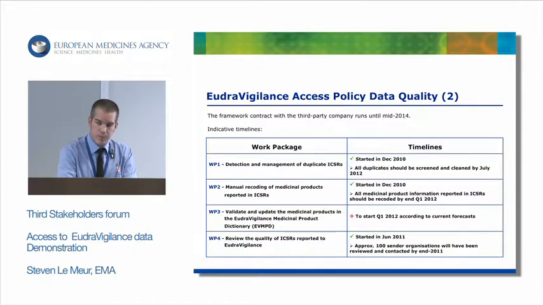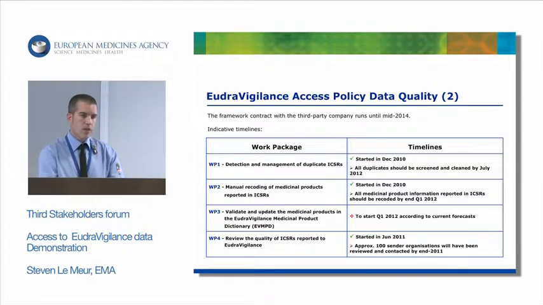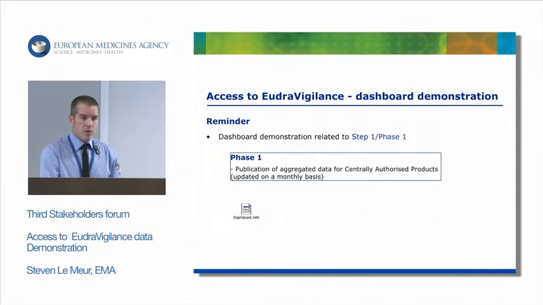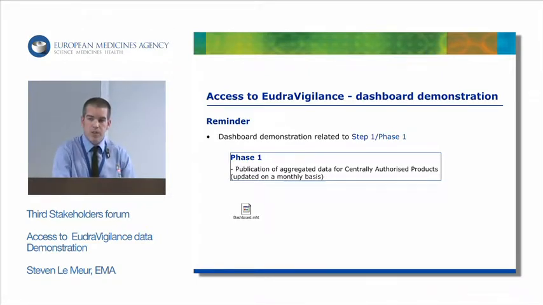This has just started back in June this year, and by the end of the year, about 100 sponsor organizations will be reviewed and contacted with regard to the data quality of the safety reports sent to EudraVigilance. Next slide, please. All this work is done to ensure that the data quality of EudraVigilance data reaches a certain standard, so everybody can use this information.